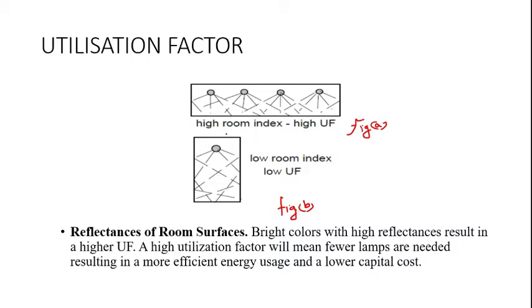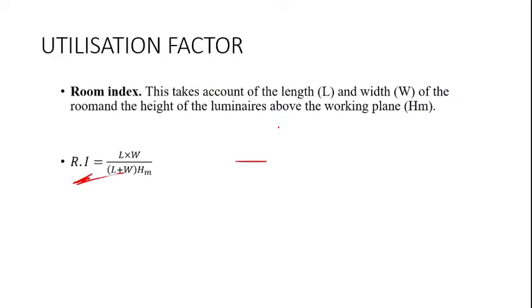In figure A, case 1, we have a high room index and high utilization factor. A high room index means the mounting height is low, and the multiplication of length and width is high.